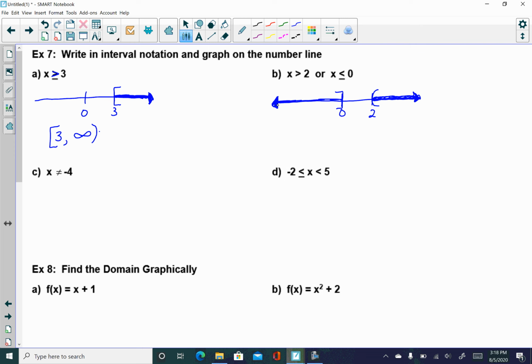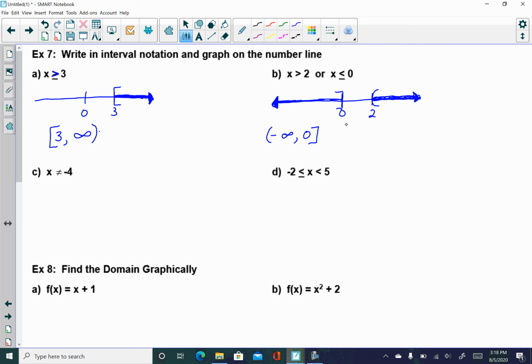Think of it that way. So now when I go to write my interval notation of what I see here on this number line, I can see that the graph comes in from what is referred to as negative infinity, because it goes on forever, and stops at 0. Infinities always get parentheses. That 0 has a bracket.